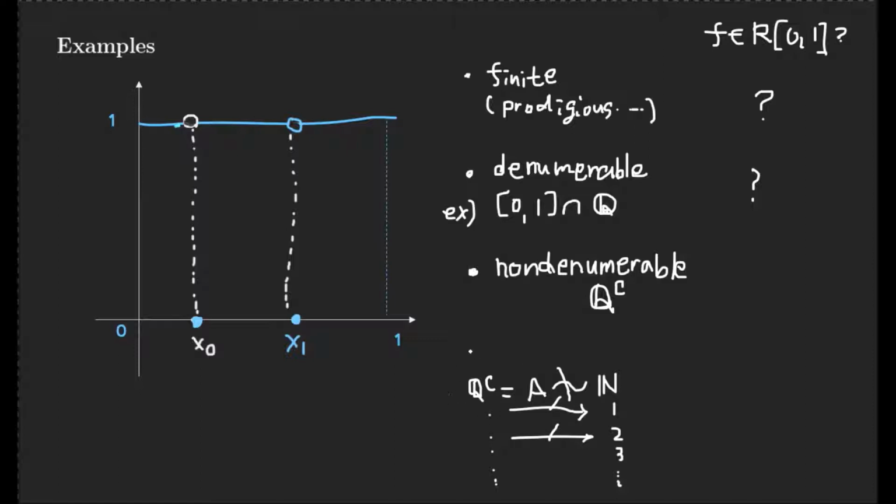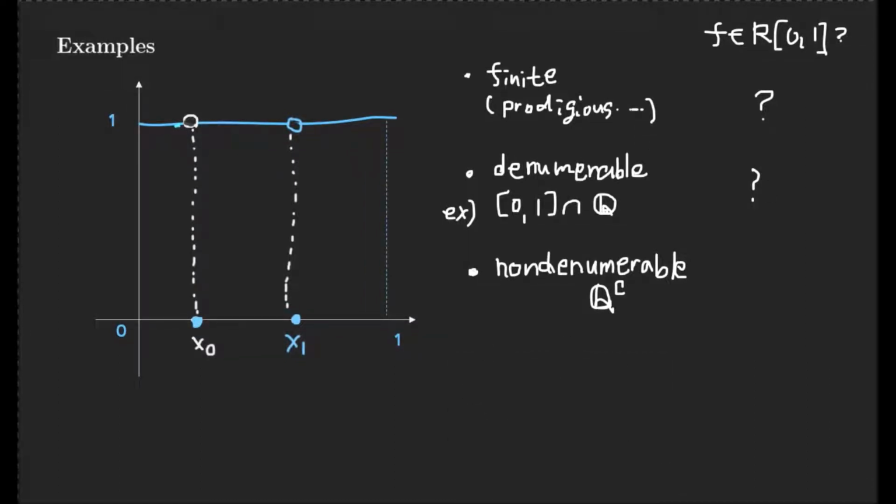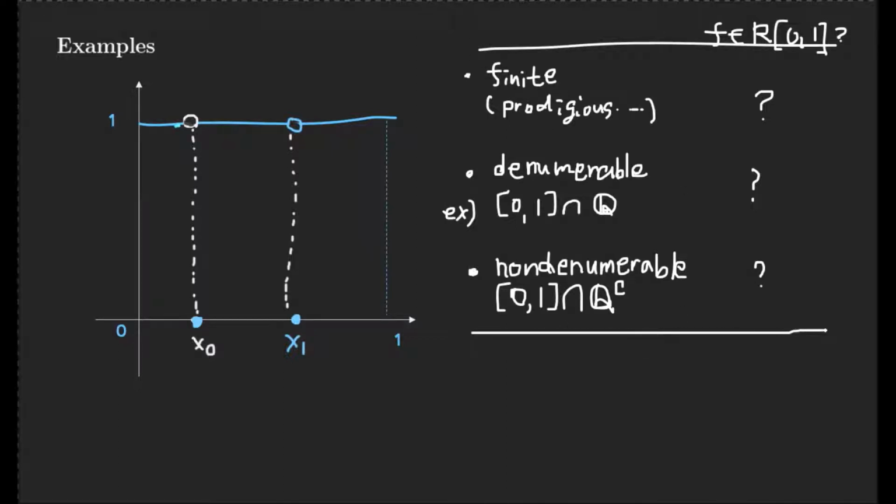So in set theory, the irrational numbers do not match the natural numbers, so we cannot count them. And if all of the irrational numbers in the given interval are discontinuous points, is it dense and integrable?